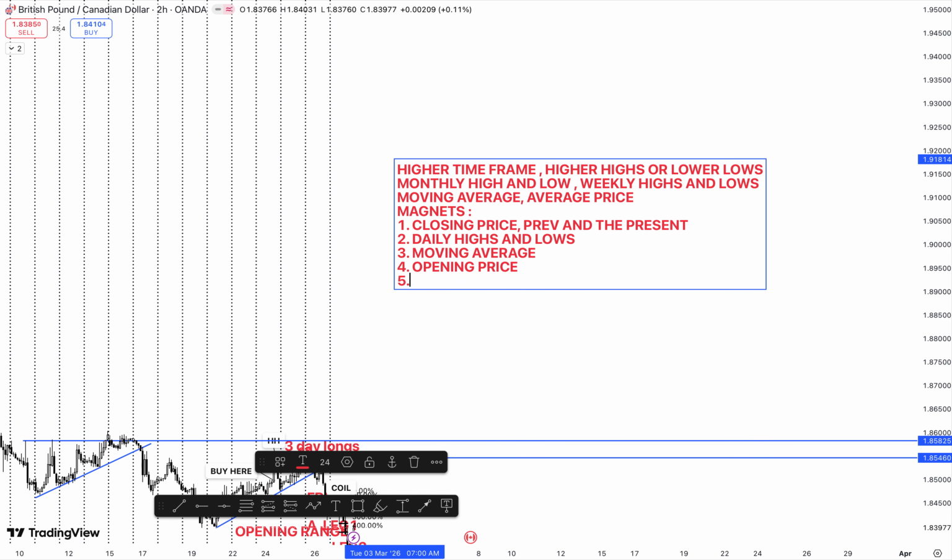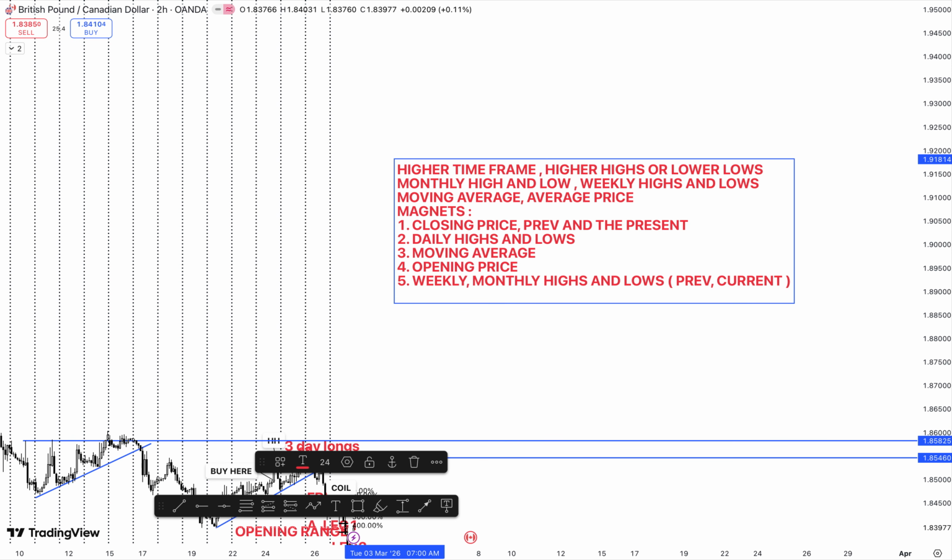Number 5, we want to look at weekly, monthly highs and lows. That includes previous and current.